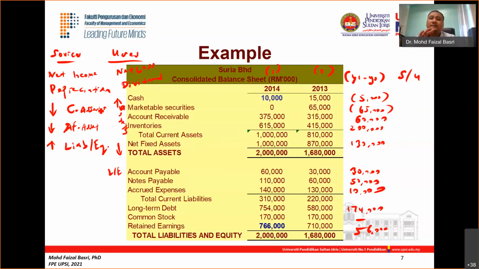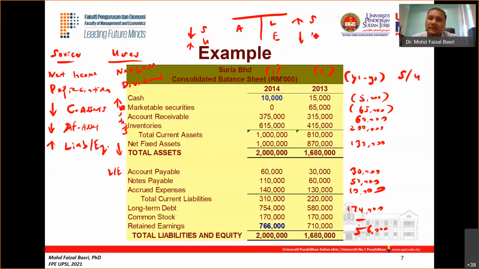I recap for the assets part in the balance sheet, we have assets, liabilities and equity. For assets, if there is a decrease of assets, it will be sources. If it increases, uses. So here you can see some decrease, some increase. For liabilities, it's the other way around. For liabilities and also equity, when they increase, it will be sources.